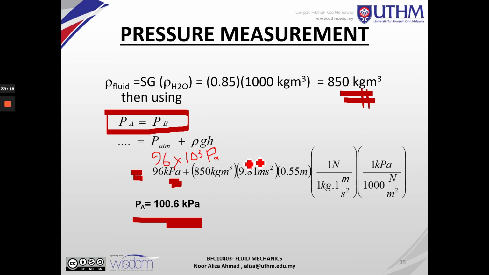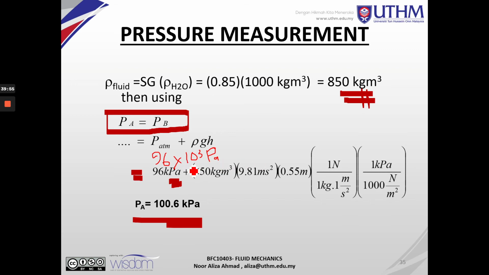You just use this equation in pascal. Pascal is equal to Newton per meter square, so you get the unit for this one. If you do not convert this value to kilopascal, you must convert to pascal. So which one do you want to convert?